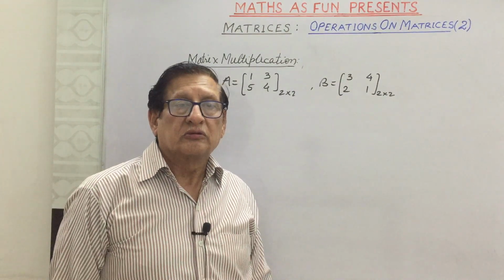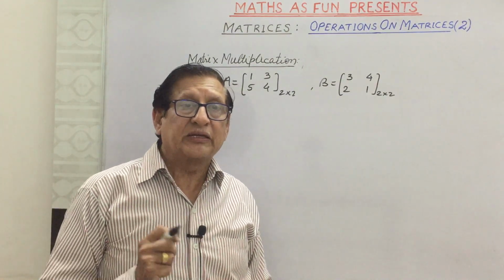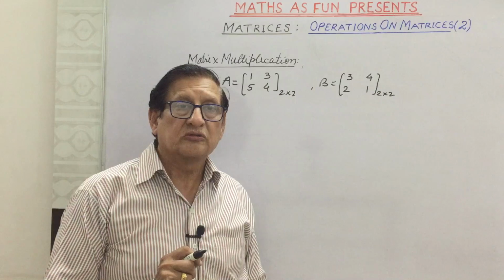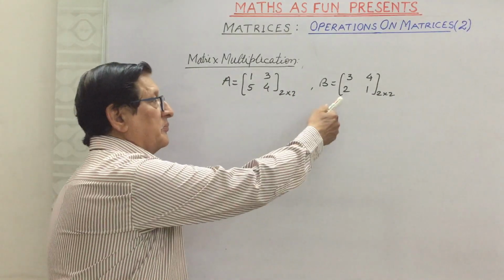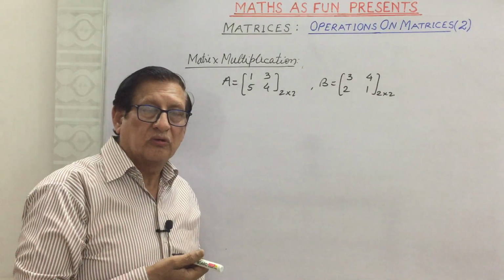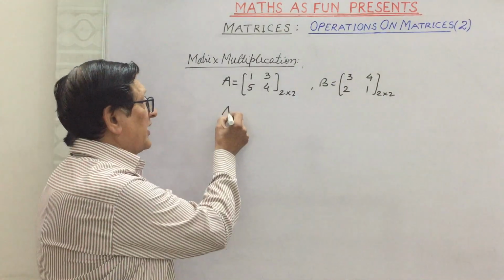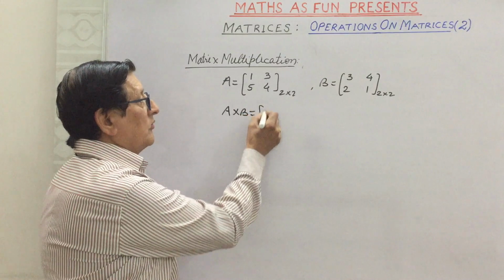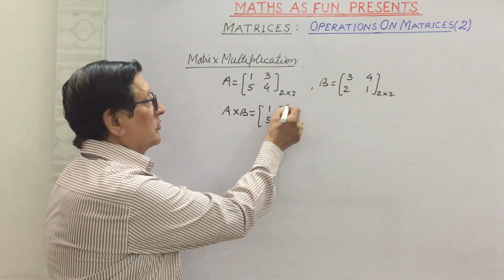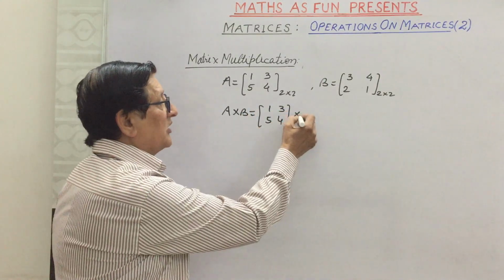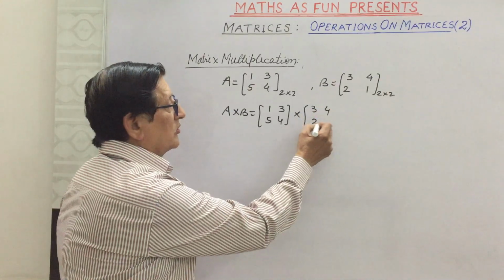Let's learn now the multiplication of matrices by taking some numerical examples. Suppose we have two matrices A and B of order 2 into 2 and we want to find out their product. First we go for A into B: 1, 3, 5, 4, we write A first, then B: 3, 4, 2, 1.